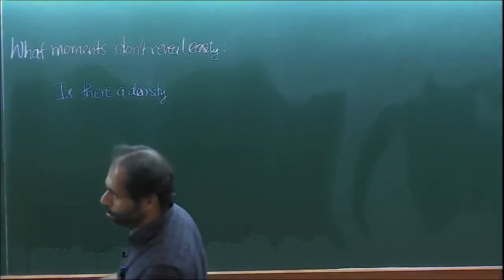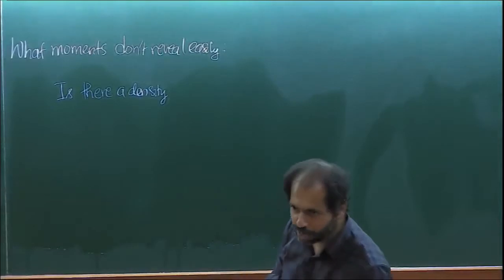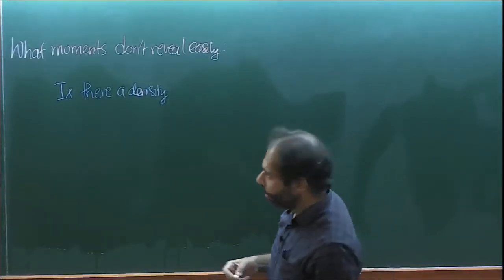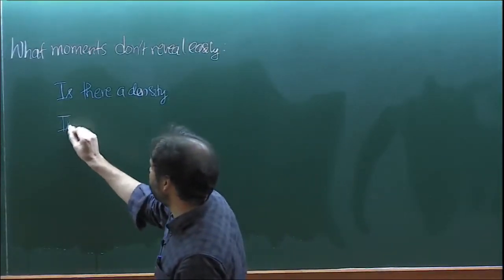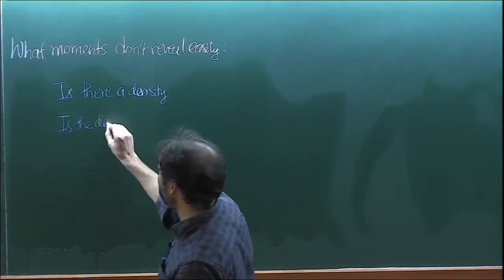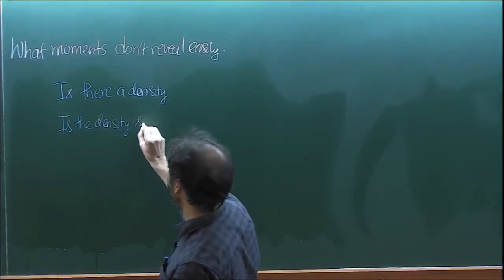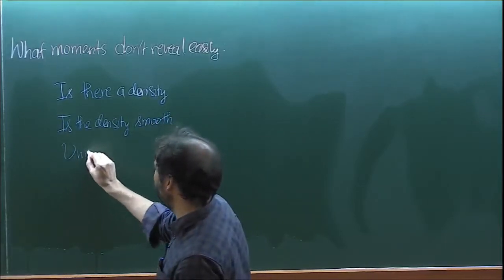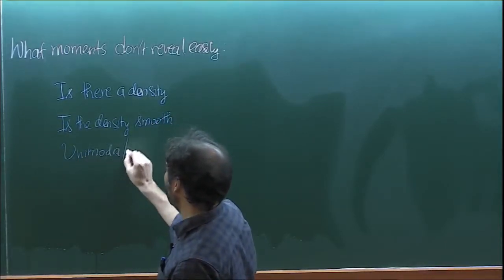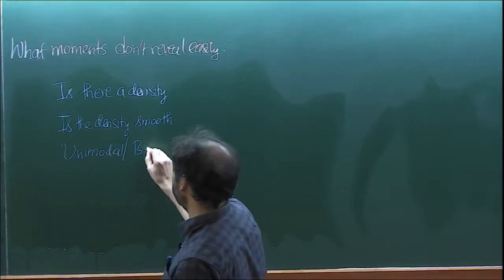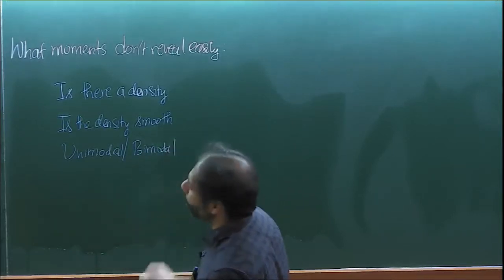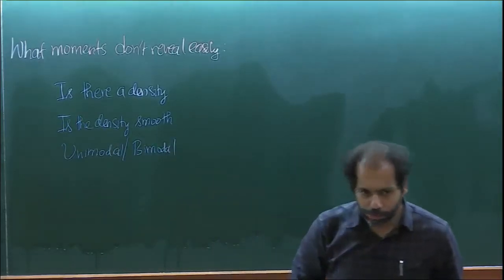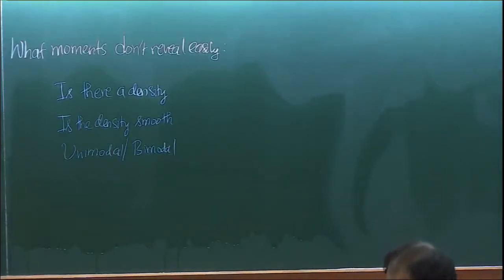So you have the moments of a probability measure. Does it have a density? Is the density smooth, if it exists? Is it unimodal or bimodal or any such thing? These things are not apparent from the moments of a measure.